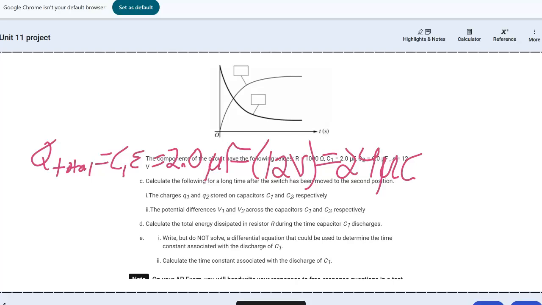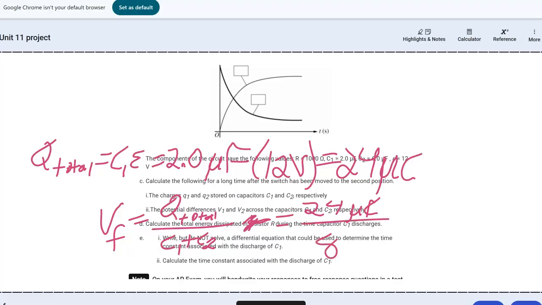And then at the final state, they're going to reach a common voltage. Q total is going to be 24 microcoulomb because 3 volts.